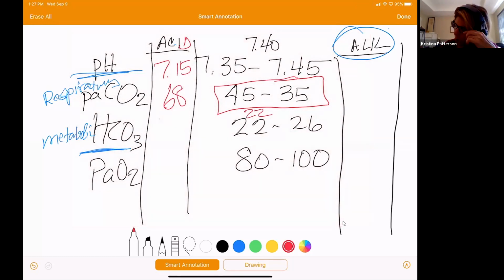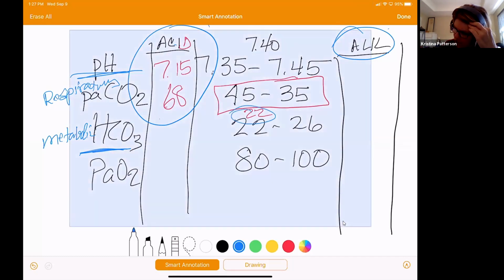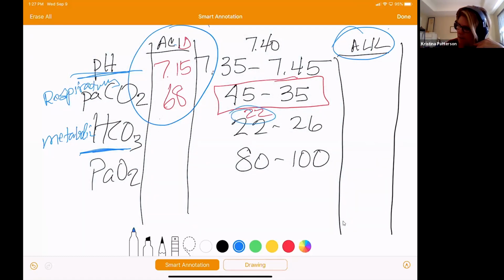And so we are right. Look at that. We have a respiratory acidosis. It is acute because there is no compensation. And you guessed it. All right, very good. All right, let's try another one.